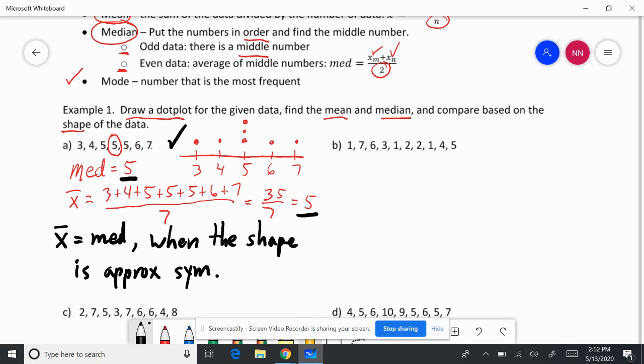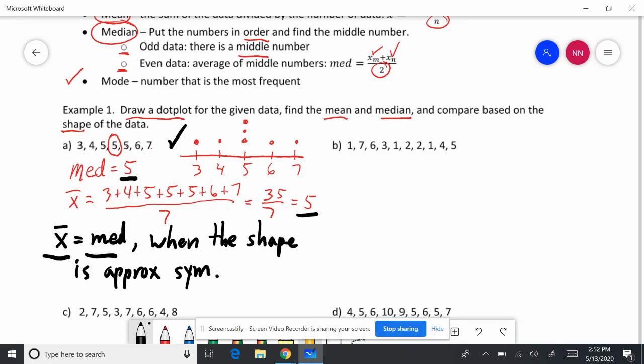If you remember from yesterday, our dot plot, when it's in the middle and it's symmetric on both sides, that would be approximately symmetric or symmetric. Whenever we have a symmetric distribution, our mean and median are going to be the same or almost the same. So that's our first example.